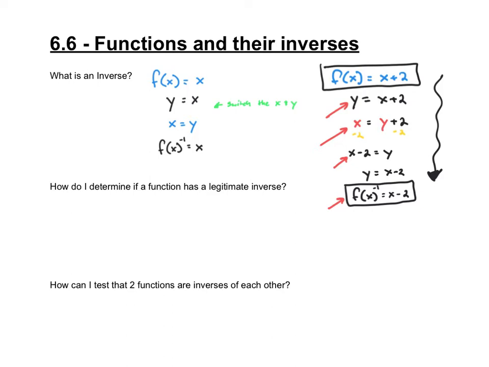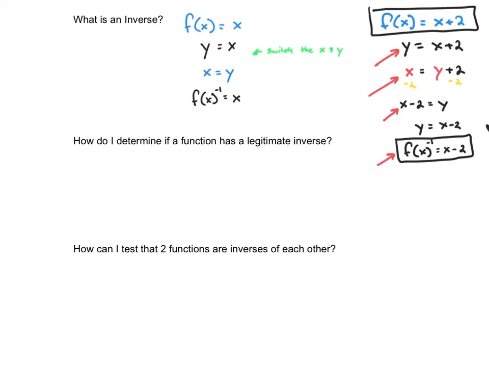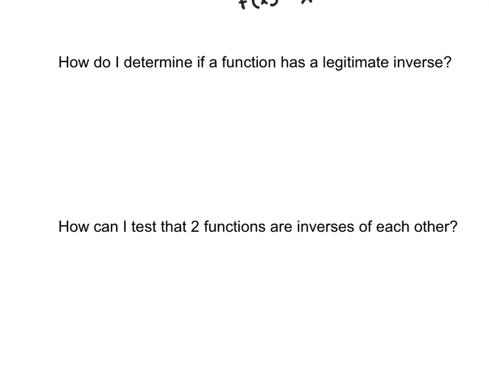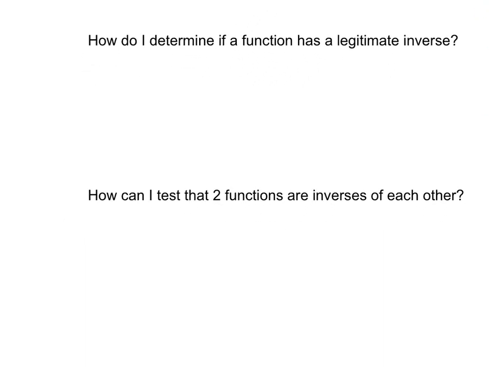All right, second piece here. How do I determine if a function is a legitimate inverse? Legitimate inverse. So we want it to continue to be a function. So we do this thing called a horizontal line test. A horizontal line test checks that a function has a legitimate inverse.